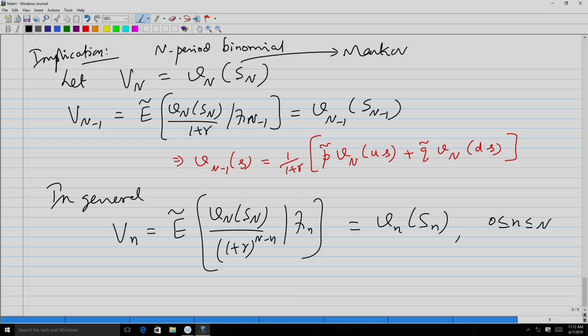By the multi-step Markov property of this process, this would be some function of S at time small n. This is the important step. That means, if your derivative is expressed in terms of a Markov process, then at any time prior to its maturity, the price of the derivative is some function of the Markov process at that point of time.